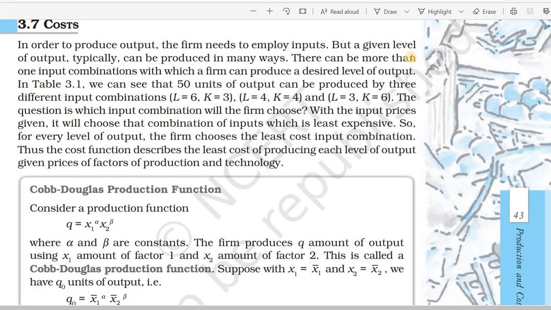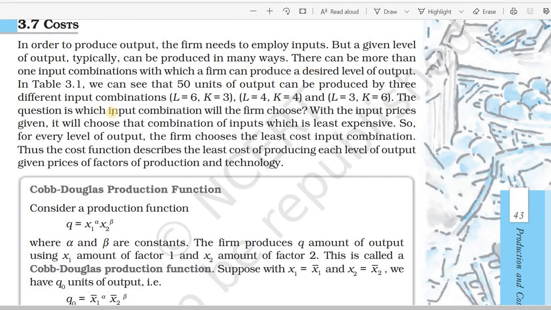There can be more than one input combination with which a firm can produce a desired level of output. Sometimes we need labor, sometimes we need capital, like that we need a lot of inputs. Here you can see an example.